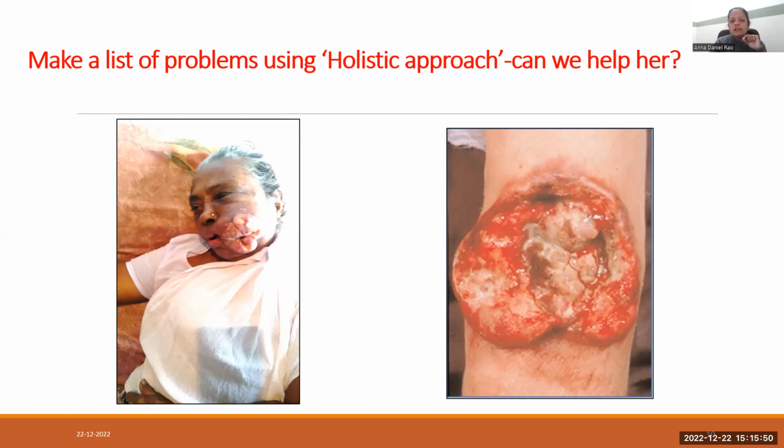Distance from society. Yes, malodor. Yes, sleeping problems. Financial problems, yes, because they will need regular dressing. Dressing also too much, right? Bulky dressing. Pain may be there.